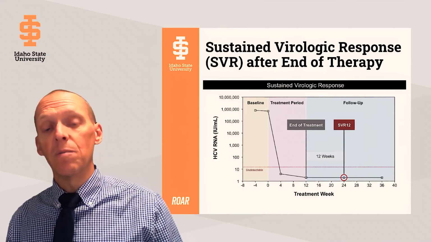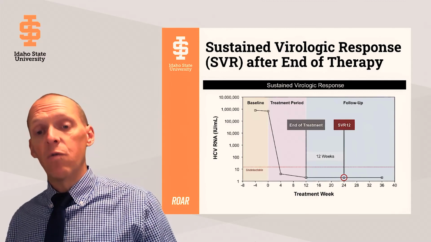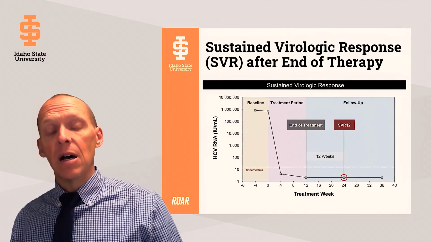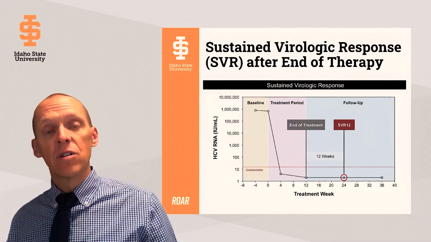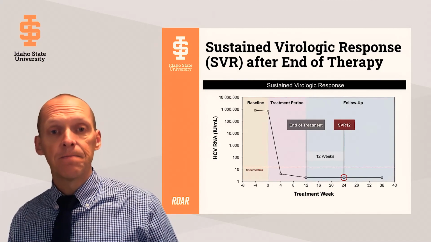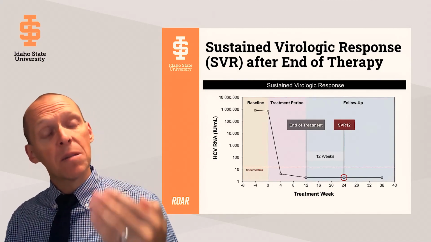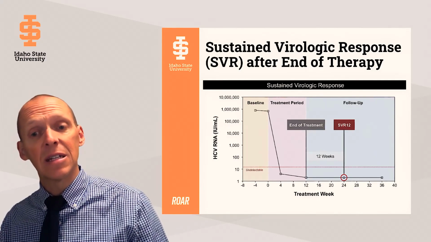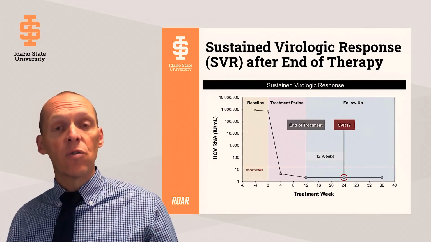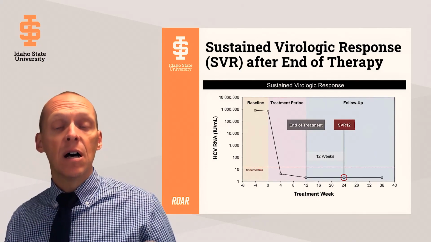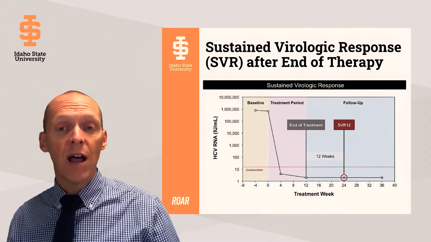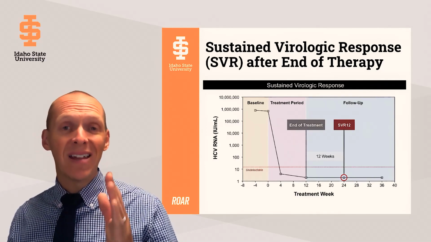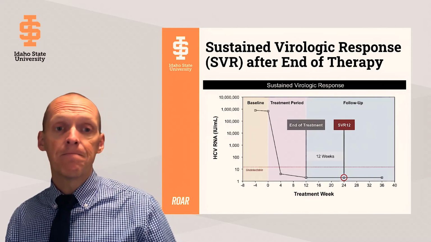A cure is defined as no detectable virus 12 weeks after therapy has ended. Patients may get reinfected with hepatitis C, but generally they will not relapse. Patients who have no detectable virus will stay cured, and that is the definition of treatment.